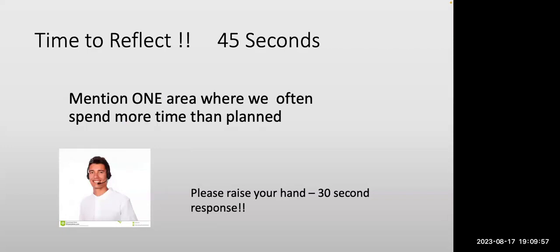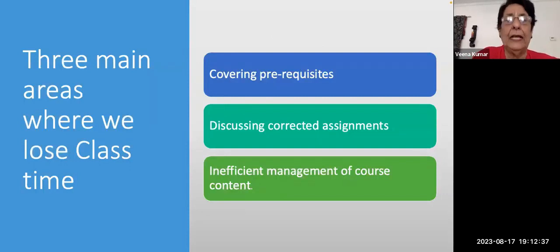That more problems lead to some time consumption, and maybe they don't understand the topic. We continue to the next class also for the same topic, sir. That is why we are consuming more time. What are the solutions? The result of my research has been the 3 areas where generally we as faculty lose time. One is covering the prerequisites.